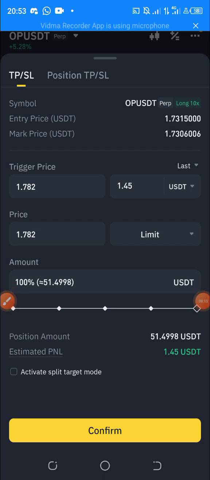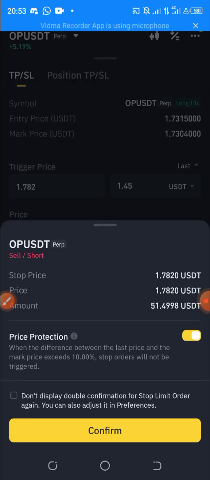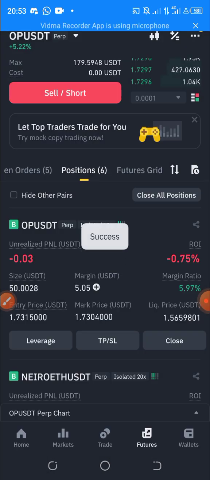So I click on confirm. So that means I entered this trade with just $5, and with the increment of 3%, I'll be having $1.5. That is how margin works. So that's how to take profit.